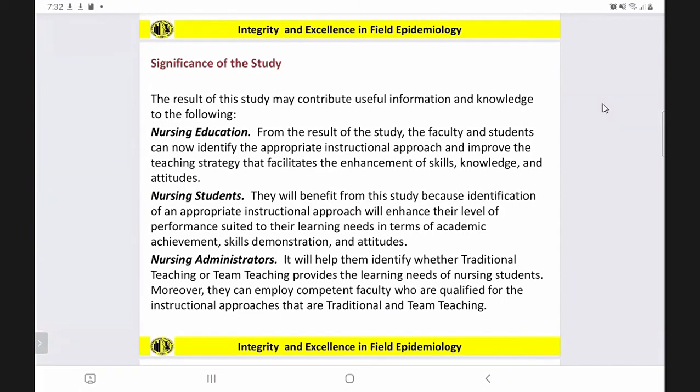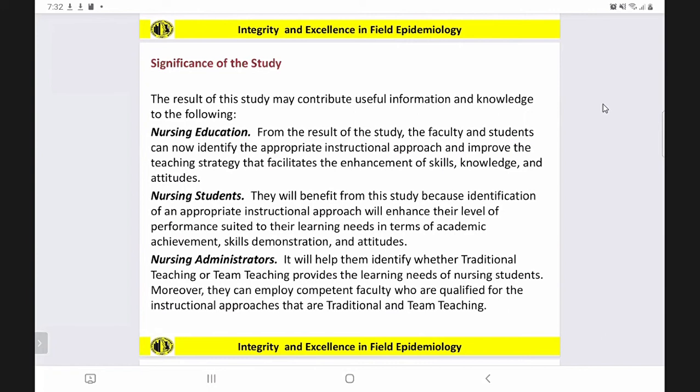Education means the faculty or the school, the faculty as well as the manpower, and then nursing students, so definitely the students, and then the nursing administrators, which means the school, the institution itself. Okay, so you look at how they discuss it here.